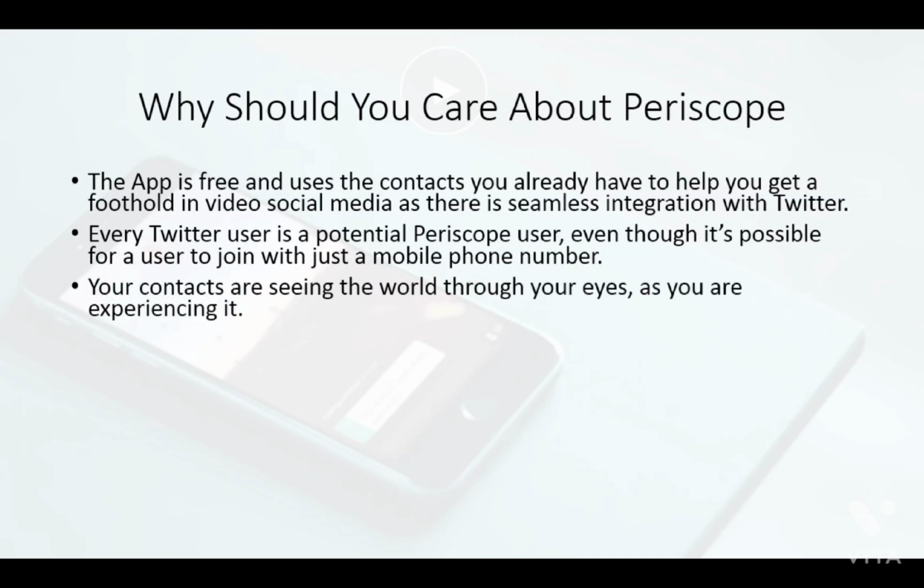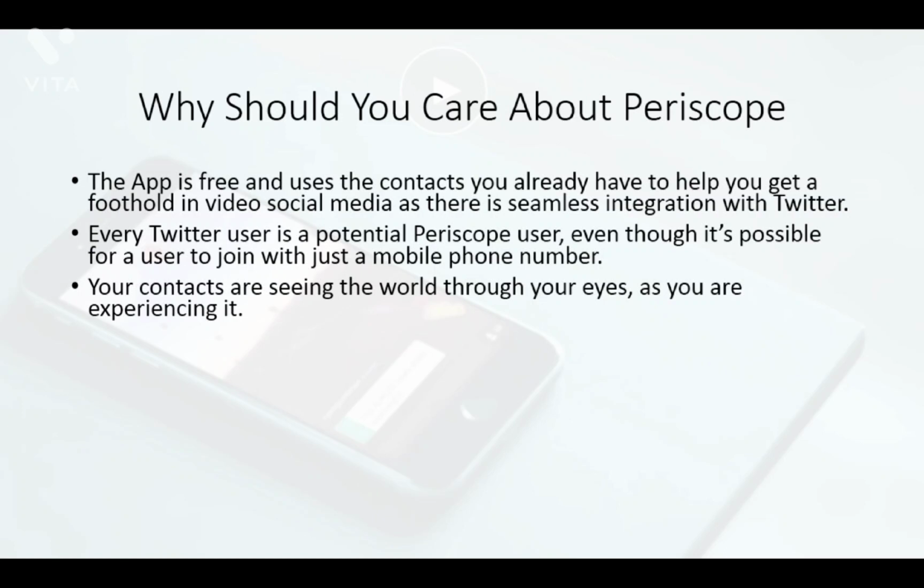Now, one of the reasons why Periscope is so incredibly powerful in terms of getting people to connect with you is that it allows your Twitter followers not only to see what you write, but also to see the world through your eyes as you're experiencing it in real time.